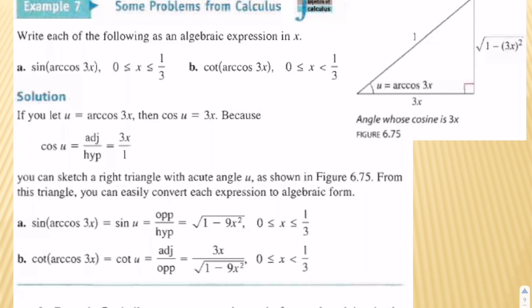And since we have that angle drawn in the triangle, and we've identified the adjacent, which is 3x, we can put it over the opposite, which is the square root of 1 minus 3x squared. The only thing that changed was we changed that 3x squared to 9x squared because we just squared the 3 there. And still over the domain of 0 through 1/3.